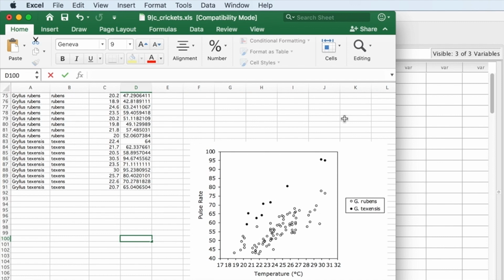The problem is pulse rate also depends on temperature, and so we want to factor out the temperature effect. So it would naturally be an ANCOVA, and we would then be comparing the height of this line to the height of this line. But before we can do an ANCOVA, we have to compare the slopes of the two lines, and so that will lead us into the problem.